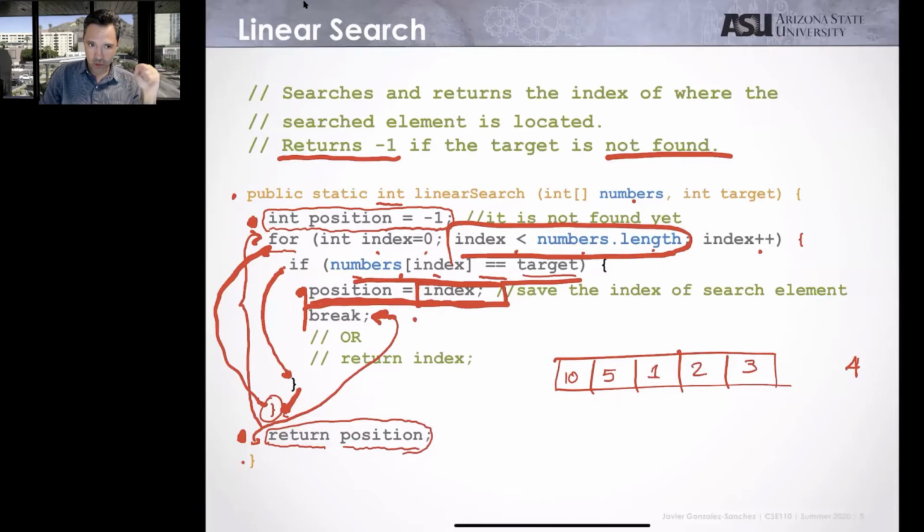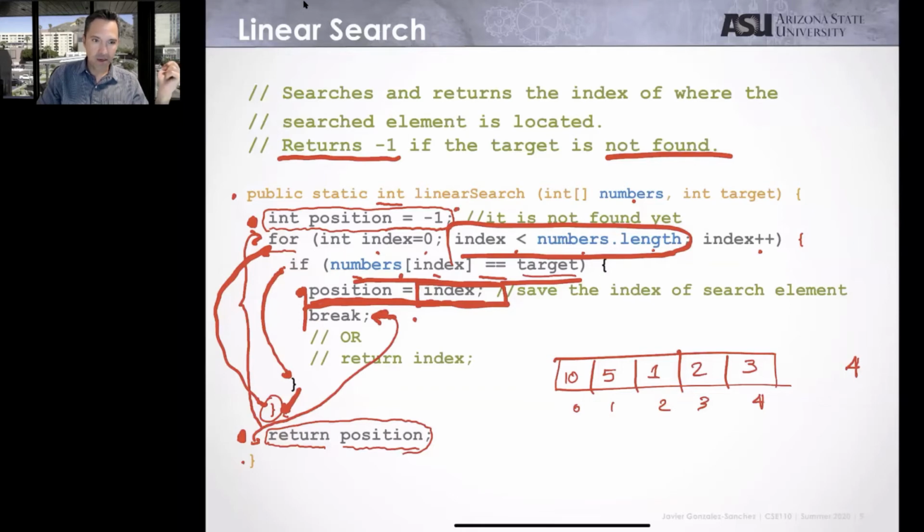The loop is going to run with the values 0, 1, 2, 3, 4, 5 times. The if is going to be executed 5 times. How many times was the break executed? Never, because the condition was never true. What is the value that this method is going to return? -1. Why?